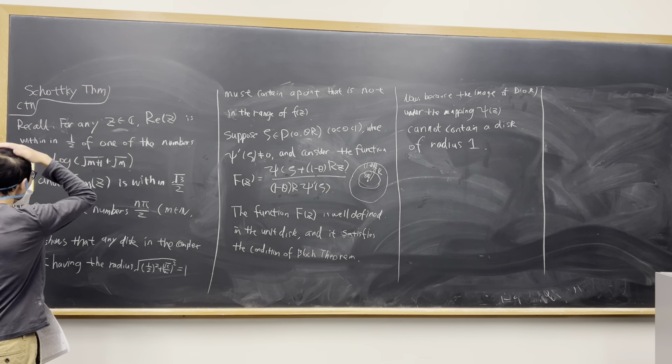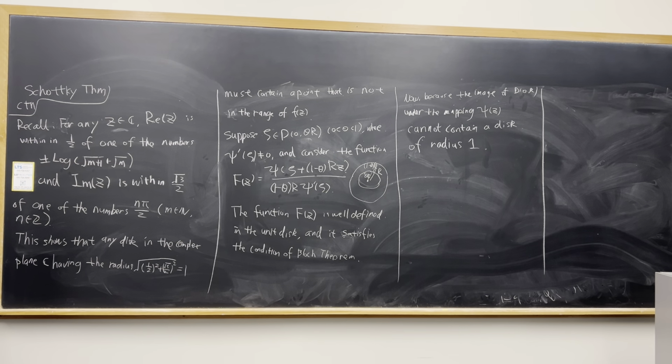And the real part of Z is within one half of these numbers, right? So we have the picture, and then why can we not contain a disk of radius 1?